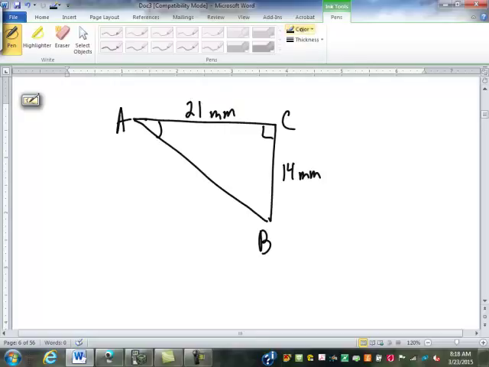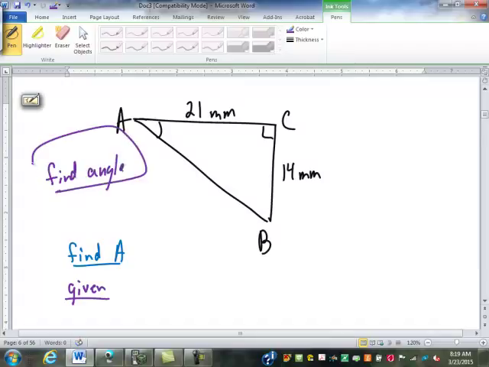Now in this case, I'm asking you to find angle A. Angle A is not a side, so we don't need to figure out what side it is. When we're looking to find an angle, the process changes just ever so slightly. We have to be given two sides.